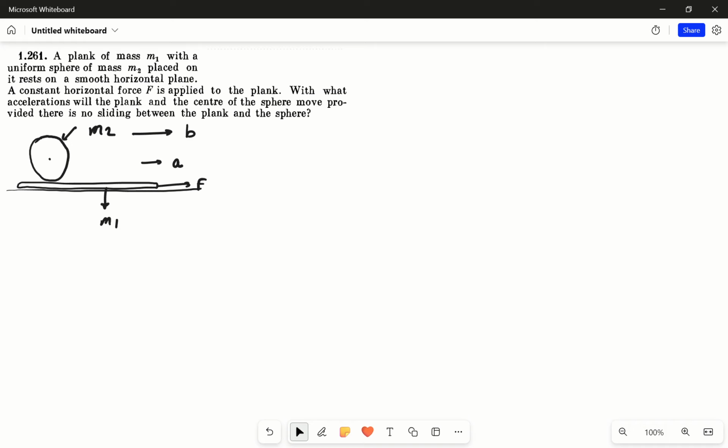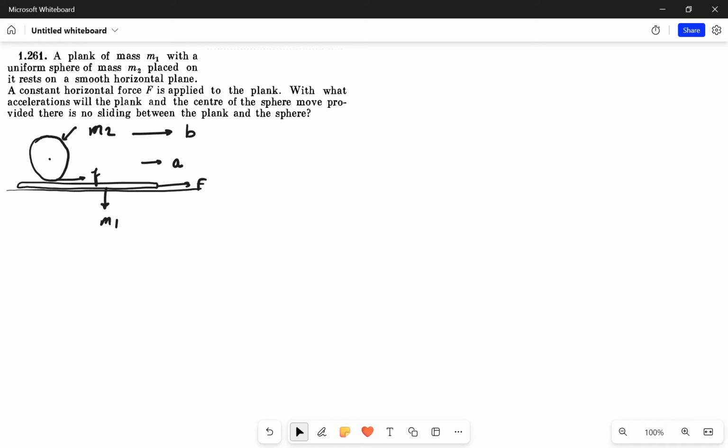If you go into the depth of this question, why will the sphere start moving with an acceleration b? It is due to the friction force that would be acting on the sphere, let's say F. As this plank is trying to move in the forward direction, there would be a friction force between the sphere and the plank that will try to resist the motion of the plank.